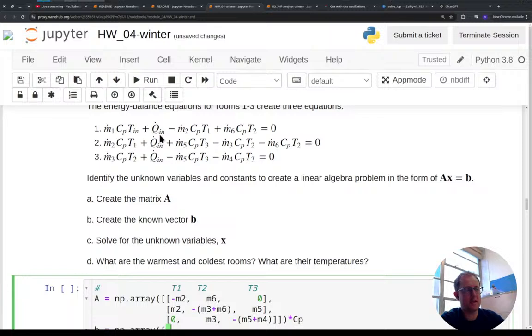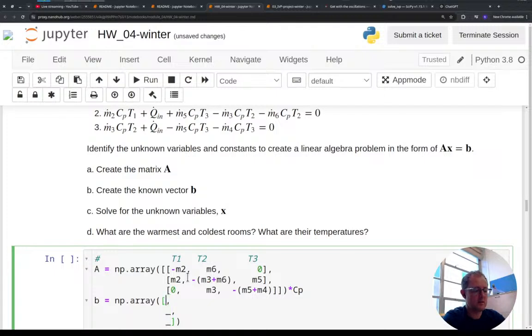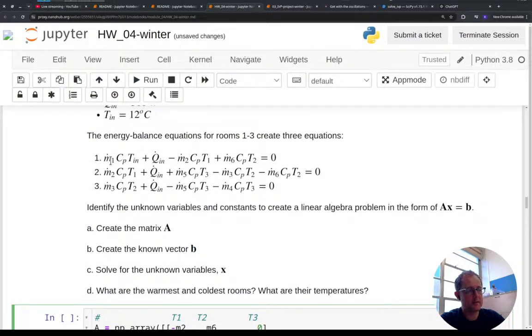Equation 1 has a negative Q in and also a negative M1 CP T in. So negative Q in, negative M1 times CP times T in, like that. And that takes care of this term and that term. And then these 2 are part of my A matrix.